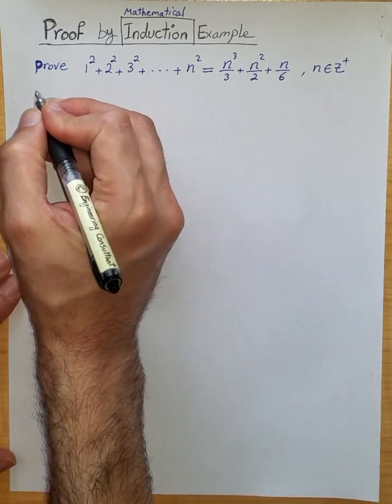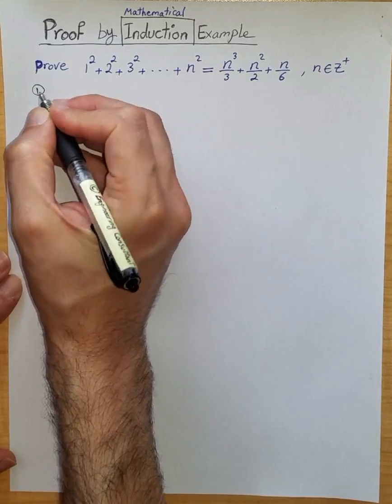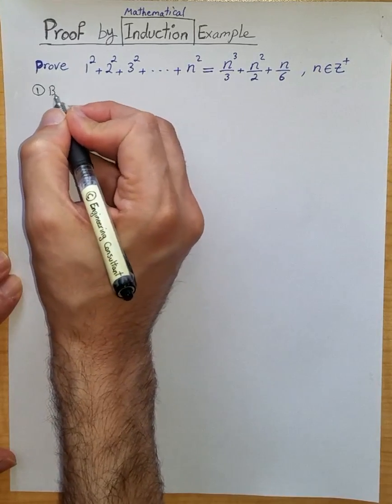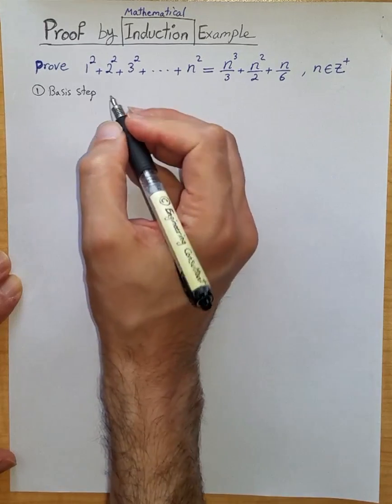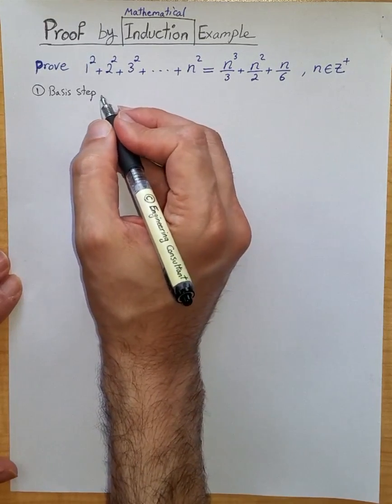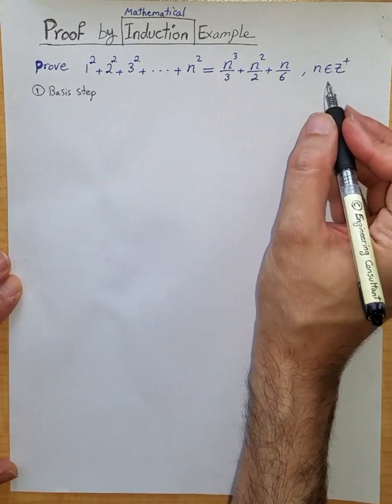So the first step is we prove what is referred to as the basis step, in which we assume that n is the smallest possible value that it can be given the domain.